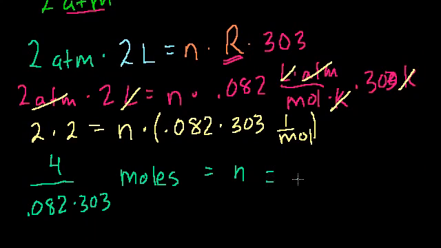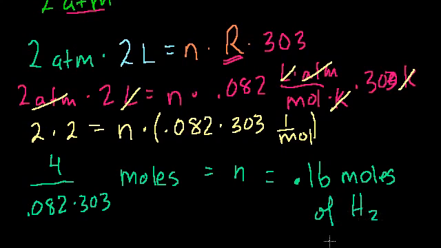So this is equal to 0.16 moles of H2. And if you wanted the exact number of hydrogen molecules, you would just multiply this times 6.02 times 10 to the 23, and then you would have a number in the traditional sense.